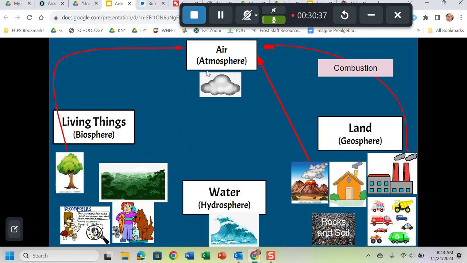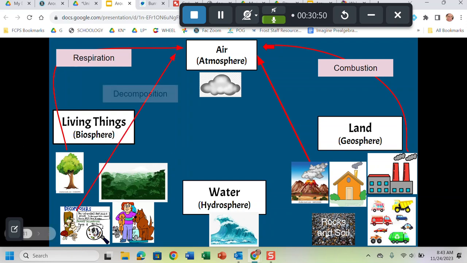If I'm going from living things to air, one way that we can have carbon go from living things to air is respiration, cellular respiration, right? And that's not just the plants, that's the animals too. Okay, if we have decomposers doing decomposition, decomposition is the process, and it releases carbon into the air. It also releases carbon into the soil or the earth, the land, right?